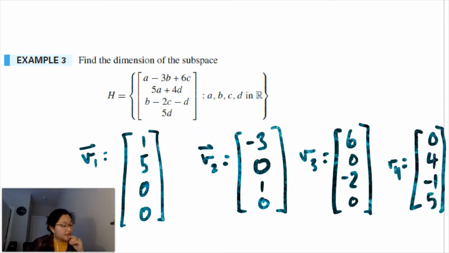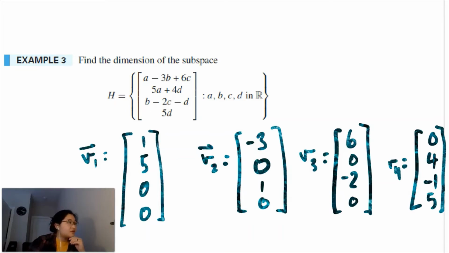So we have 4 vectors, and this is what's going to span our subspace. But how are we going to figure out if there's any repetition or linear dependence within this set where we can eliminate one and still have a basis for our subspace?